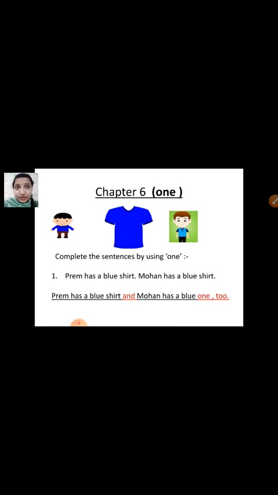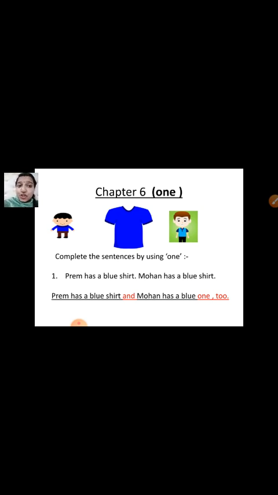Okay students, again I am repeating this question and answer. Listen carefully, very important. This is chapter 6 of Active English. Here you are going to add "one". The question is, complete the sentences by using "one". Prem has a blue shirt. Full stop. Mohan has a blue shirt. These are different sentences, but we have to connect them.